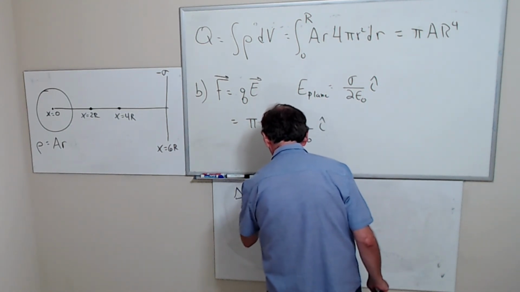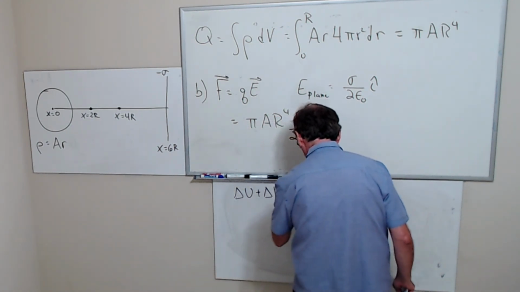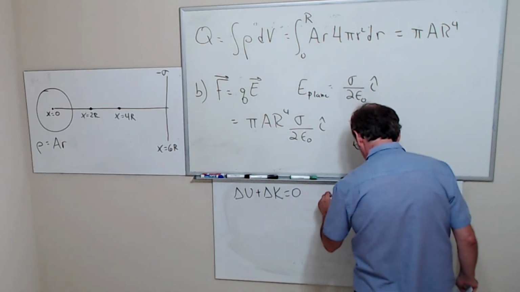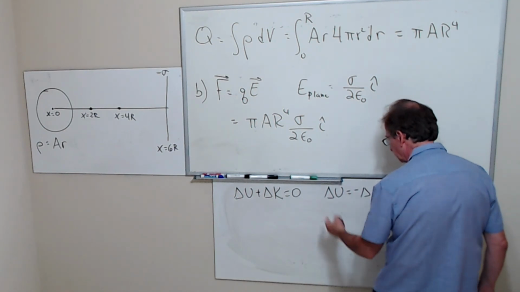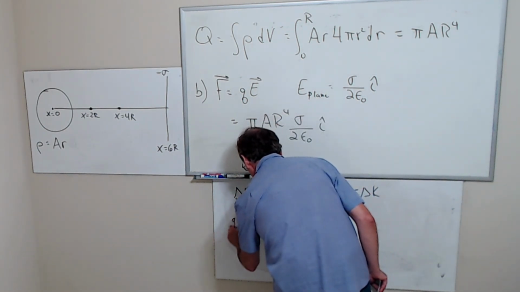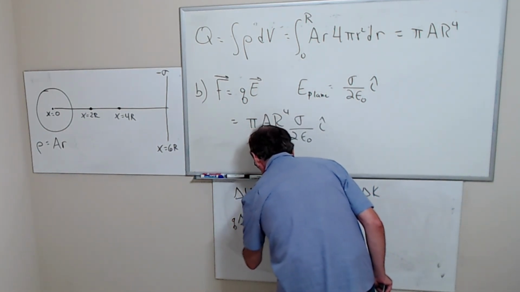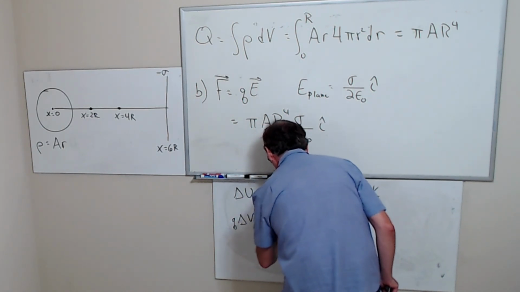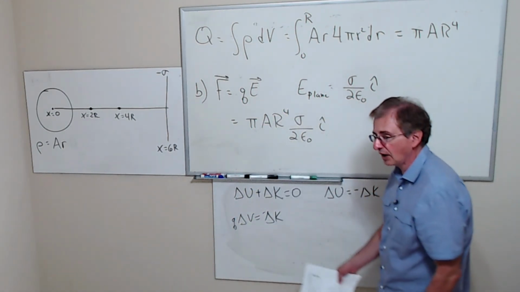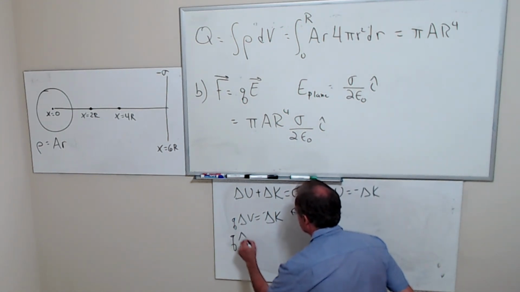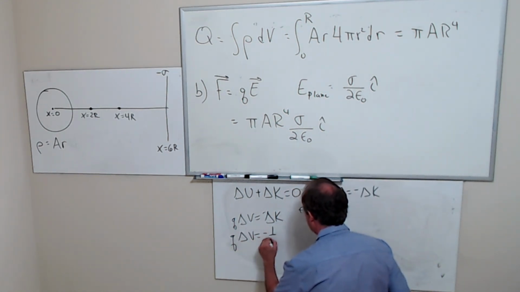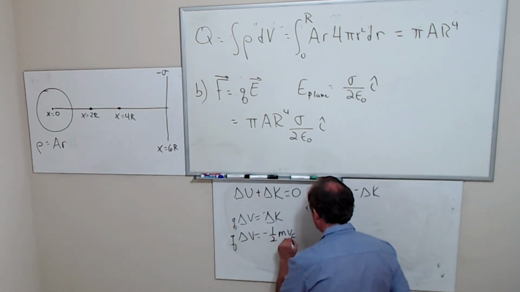Delta U plus delta K equals 0. Delta U equals minus delta K. Delta U is Q delta V. It starts from rest, so basically I'm just going to get Q delta V is minus 1/2 m v final squared.